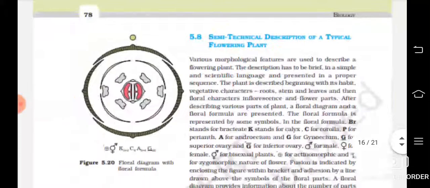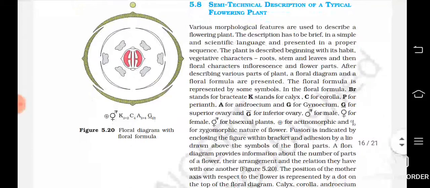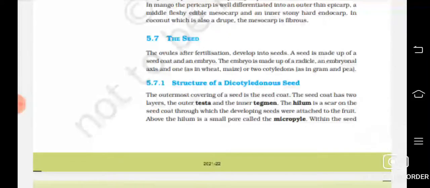Actually, we have to study the next part, that is the semi-technical description of a typical flowering plant, that we will do in the next class. And you can observe the flowers of monocots, of different families, to understand the different whorls of the flower.